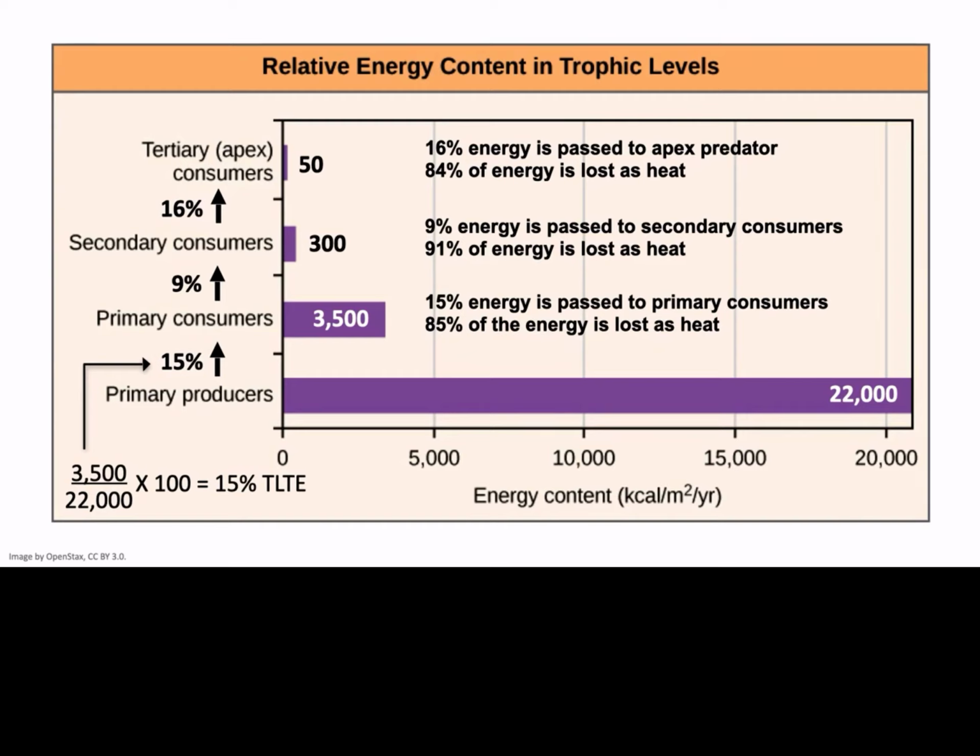Ecosystems always have many primary producers to support the organisms that live above them at higher and higher trophic levels.